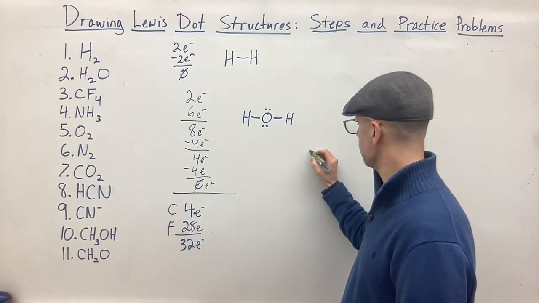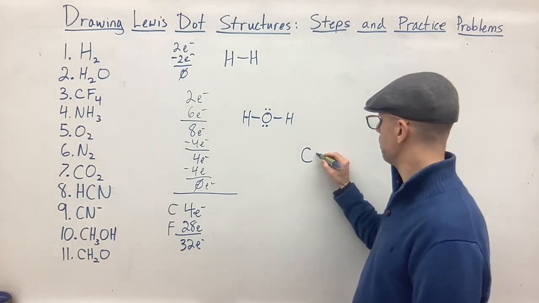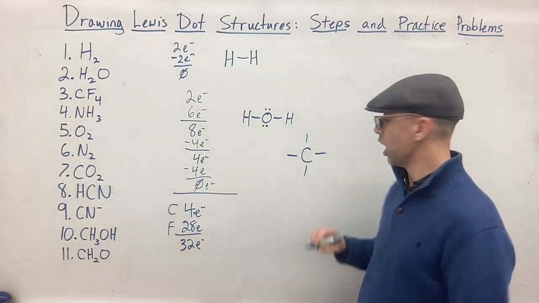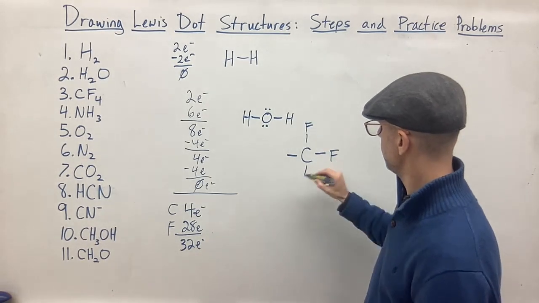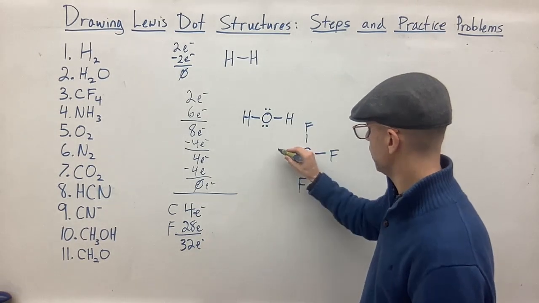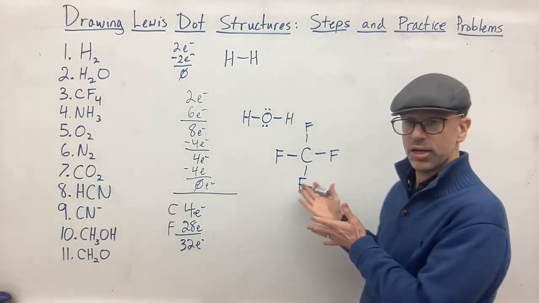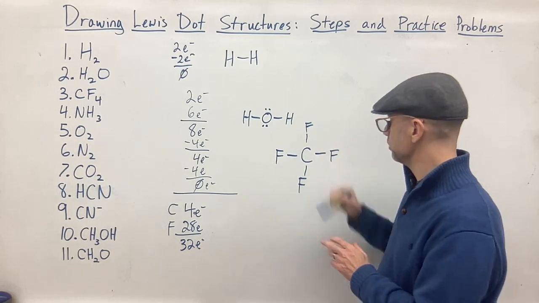So we draw our carbon in the middle, and we're going to bond the 4 fluorines to the carbon. And so we're going to put F there, an F there, an F there, and an F there. So that's our skeletal structure. We bonded everything once to the central atom carbon.